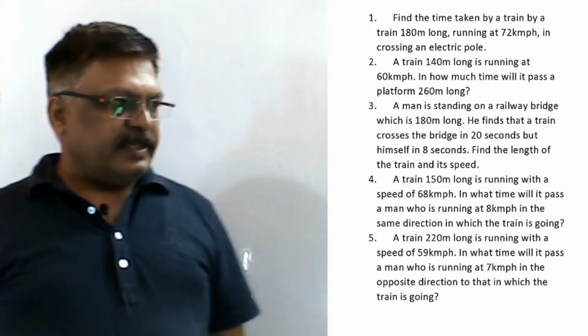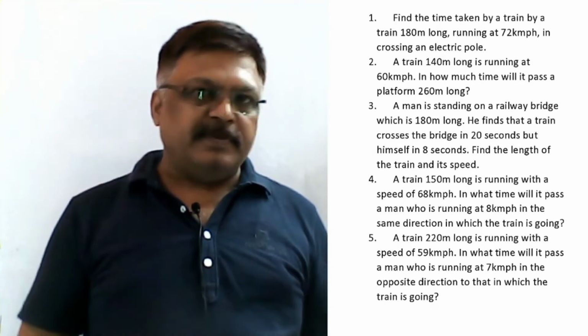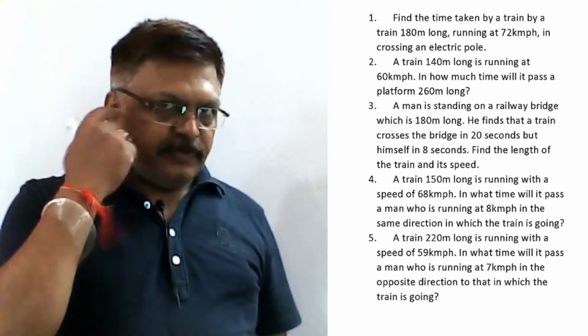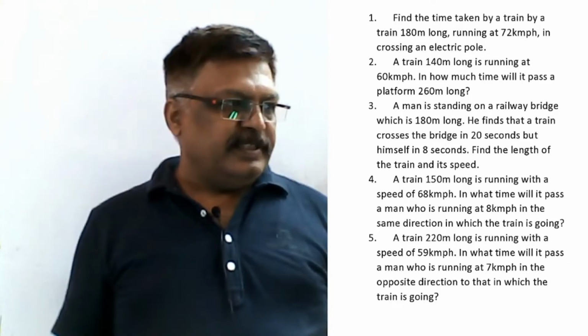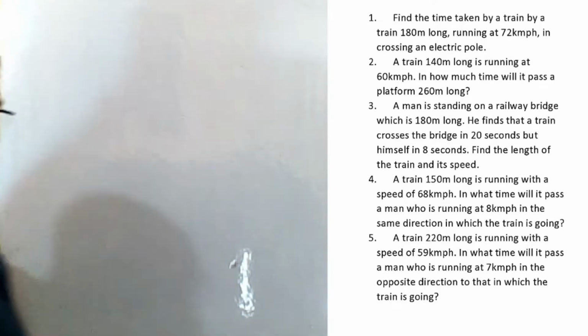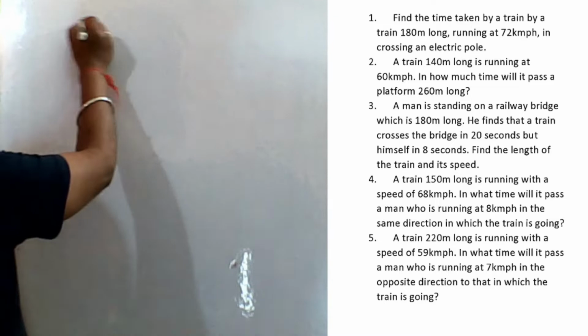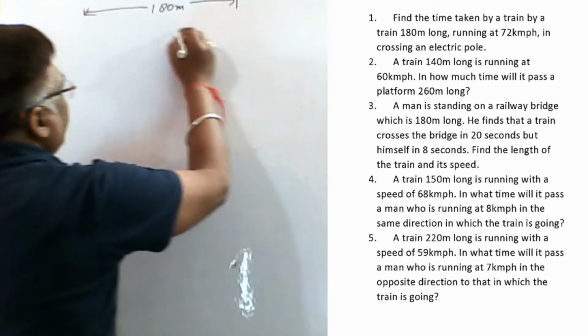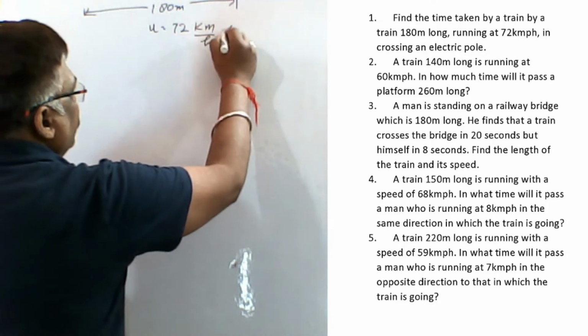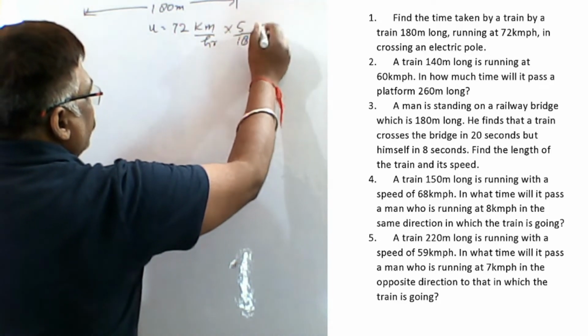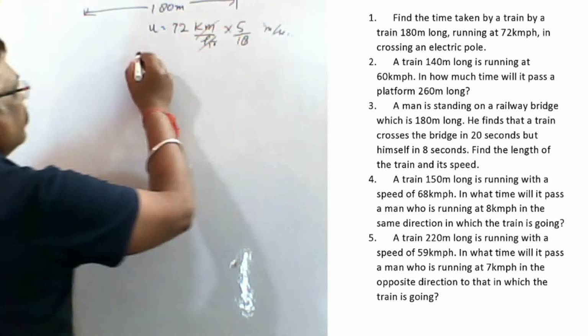Now I'm going to start the questions, which will clear your concepts as per the formulas I have told you. The first question: find the time taken by a train 180 meter long, running at a speed of 72 km per hour, crossing an electric pole. So the train is 180 meter long and its velocity is 72 km per hour. To convert it, you multiply by 5 by 18 so it becomes meter per second. Time is required.